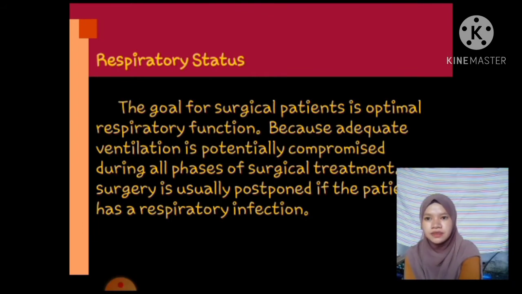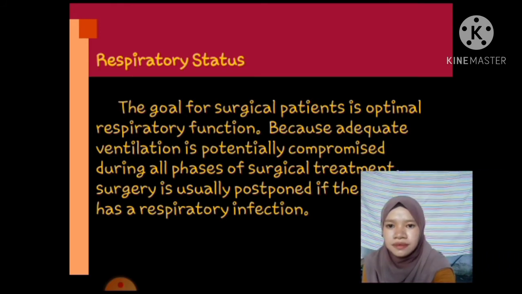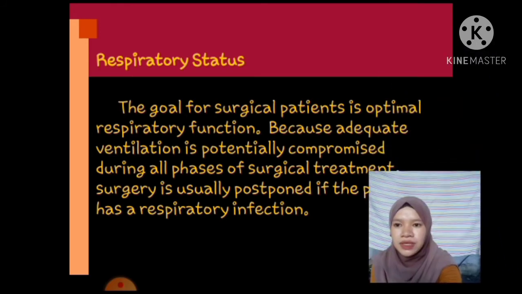Respiratory status. The goal for the surgical patient is optimal respiratory function, because adequate ventilation is essential during all phases of surgical treatment. Surgery is usually postponed if the patient has a respiratory infection.